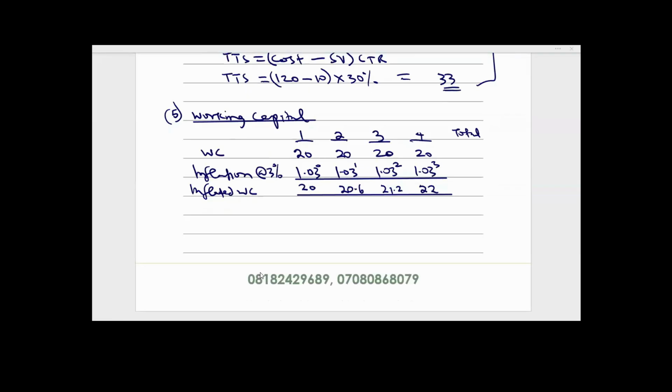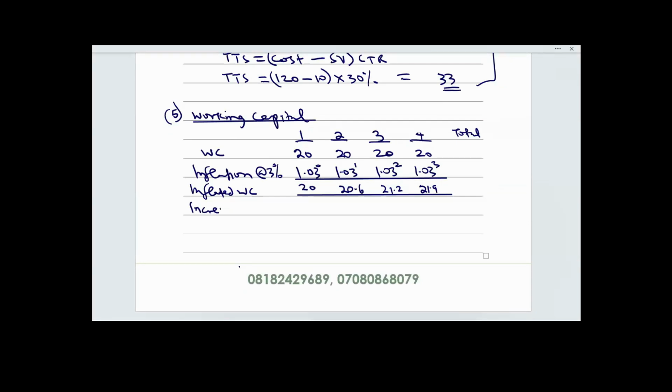That's 21.9. All right, let's make this one 21.9. You will notice that our working capital has increased from 20 in the first year to 21.9 in the fourth year. So the next thing you need to do is to find the incremental working capital.